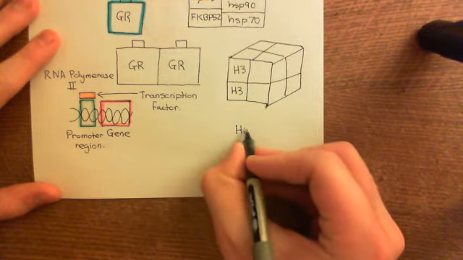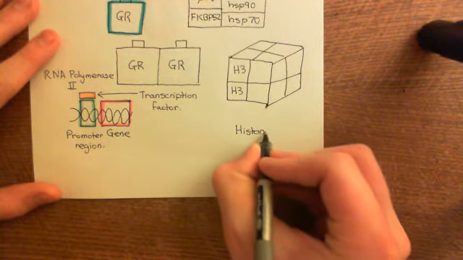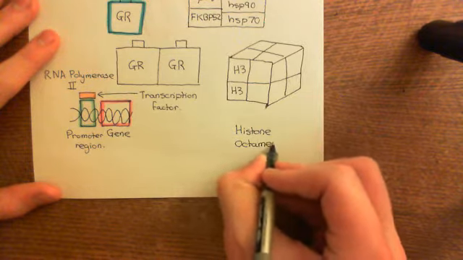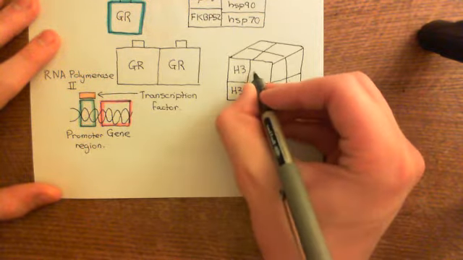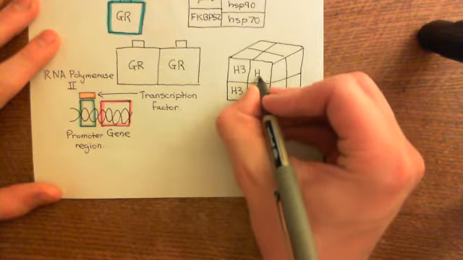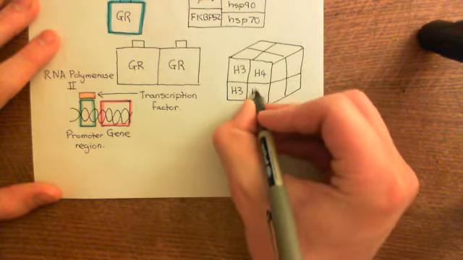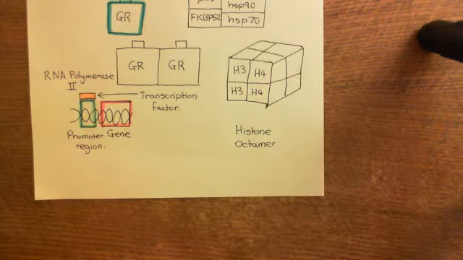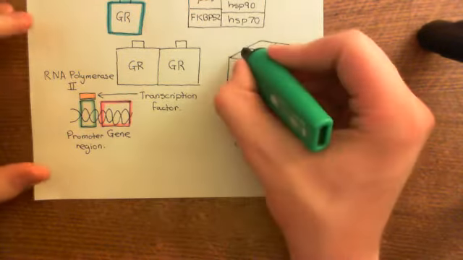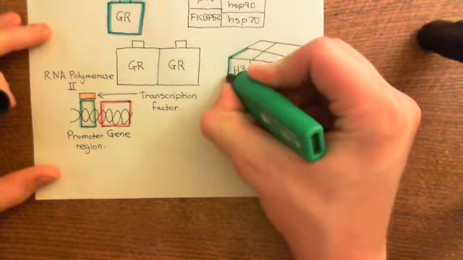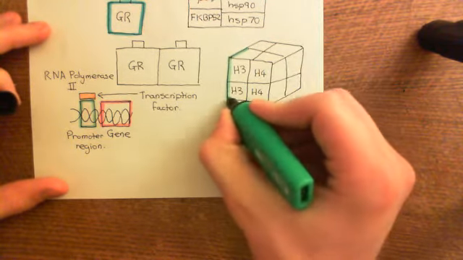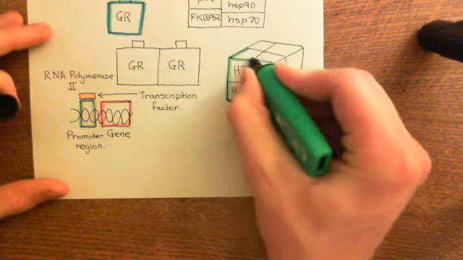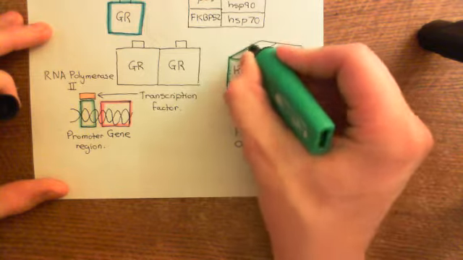So these are histone proteins, and they're going to form a histone octamer. Okay, so you have 2 histone-3 proteins. Then you have 2 histone-4 proteins. So here are the 2 histone-4 proteins. And this structure that I've drawn so far, let me outline it, consisting of these 2 histone-3s and these 2 histone-4s, this is known as an H3 H4 tetramer.